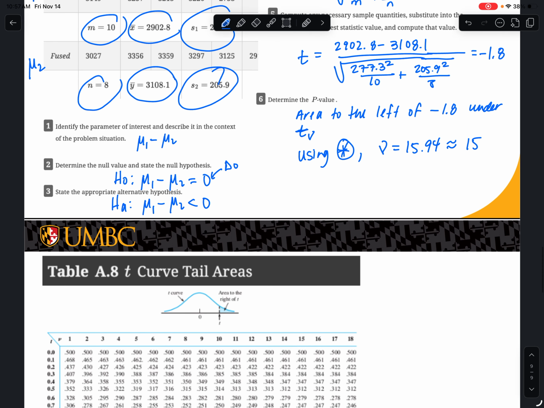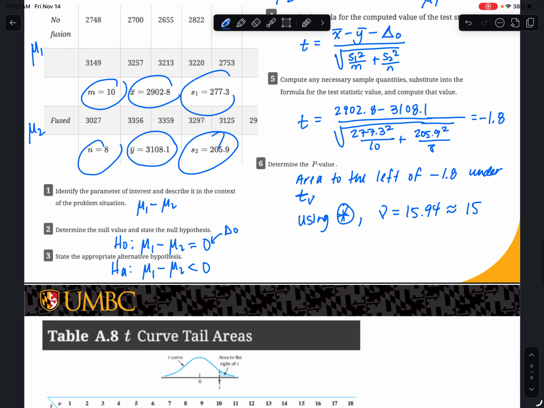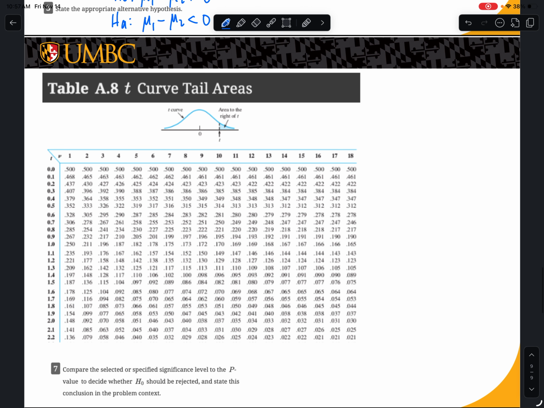So just look at the table with me. We're wanting the area to the left of minus 1.8, but in the t-table here, there are no negative values. The t-table is only going to show you the area to the right of particular values, and those values are going to be positive. So there's a couple of ways to get what you want here.